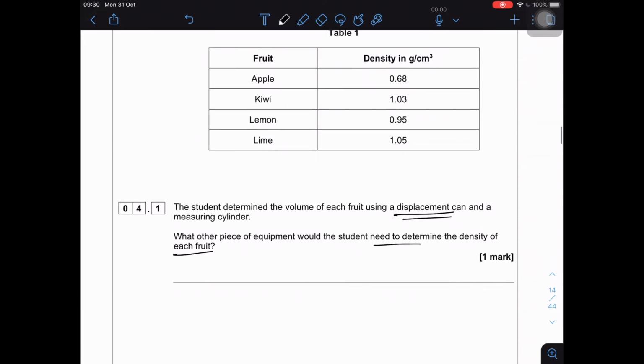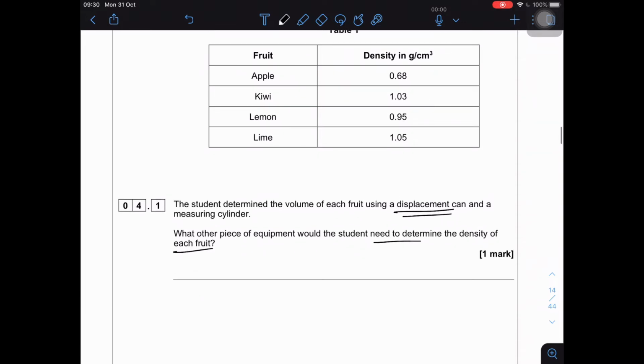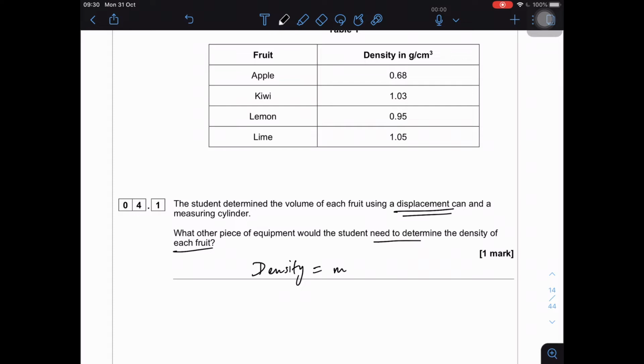So how can you determine the density? Quickly, as a revision, density is mass divided by volume. Here he has determined the volume already. So how do you determine the mass? Simple, a weighing scale.